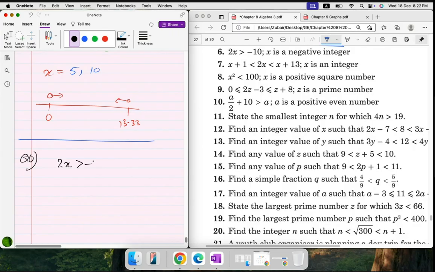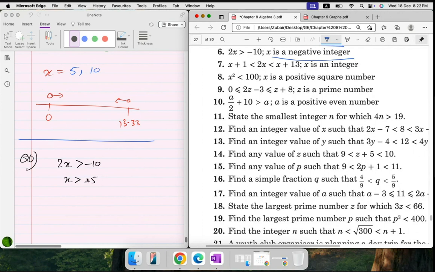2x is greater than minus 10. So x is greater than minus 5. It says x is a negative integer. So any number greater than minus 5. What could be x?